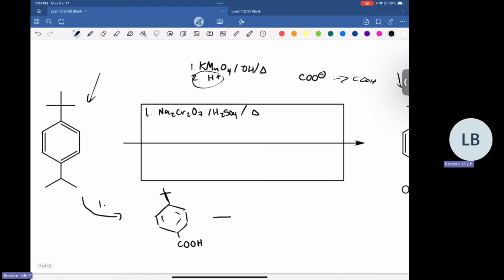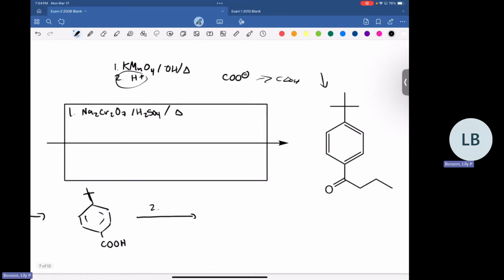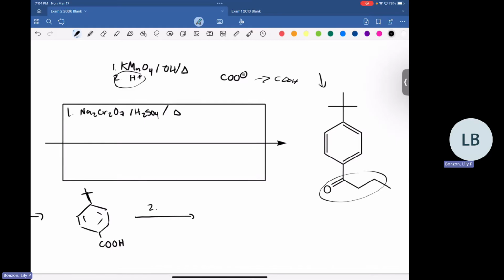All right, so the next step, we have a carboxylic acid and we want to turn it into a ketone. We're not turning it into an ester, so unfortunately we can't use another alcohol with H plus, because that would make an ester, not just a regular ketone. So we actually have to do something kind of unique for this one. We want to do a reaction with a lithium reagent.